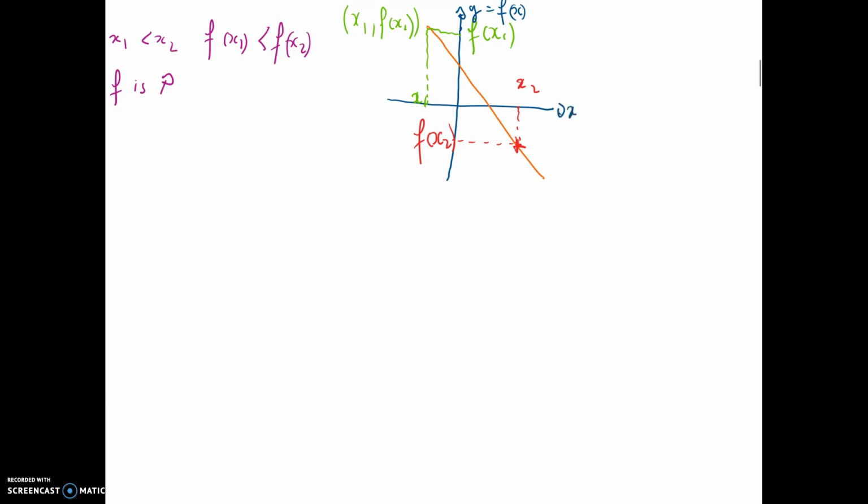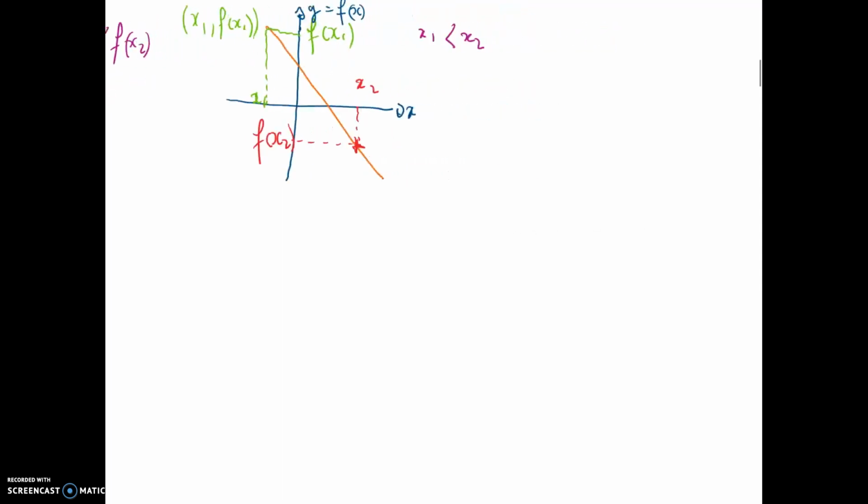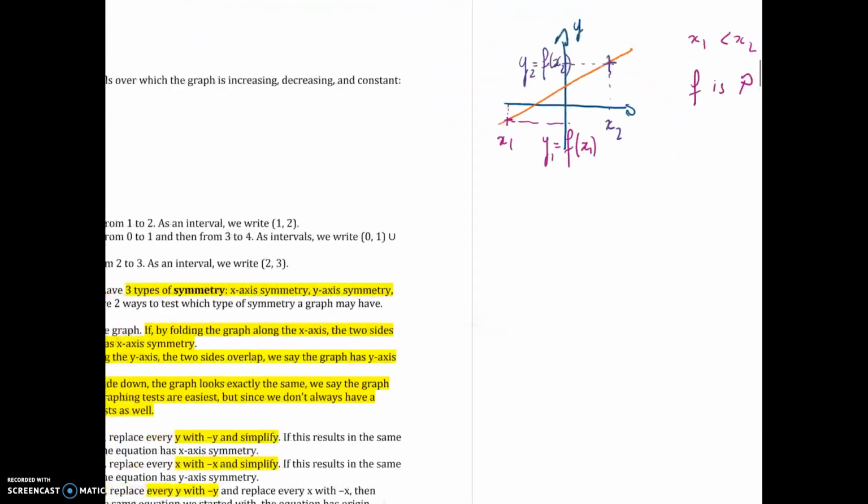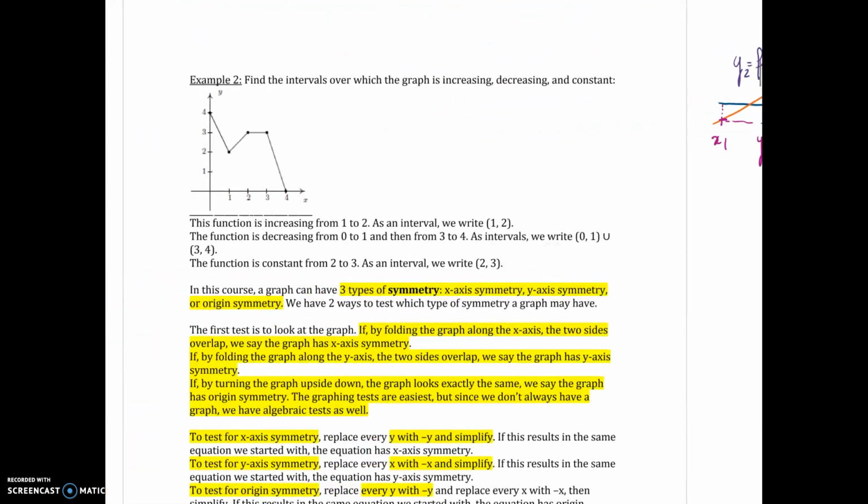And I can see that when x1 is less than x2, this time f of x1 is greater than f of x2. And that means that your function is decreasing. Okay? All right. So it is very simple also to define if a function is increasing or decreasing, especially when we are dealing with a line.